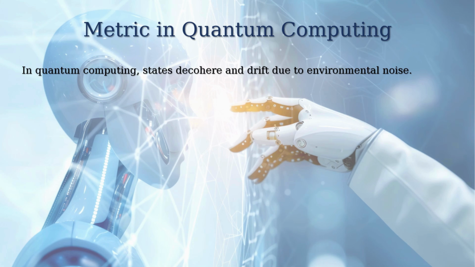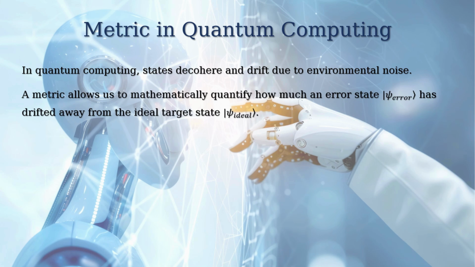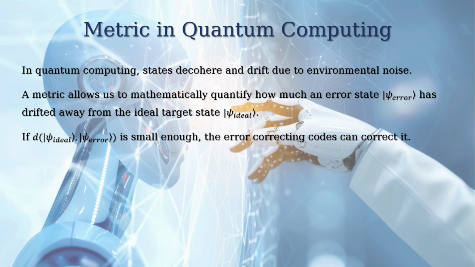In quantum computing, states decohere and drift due to environmental noise. A metric allows us to mathematically quantify how much an error state has drifted away from the ideal target state.